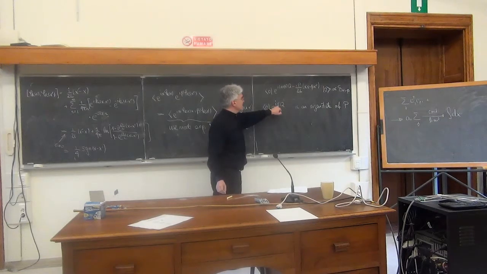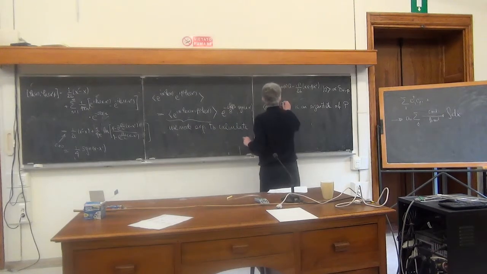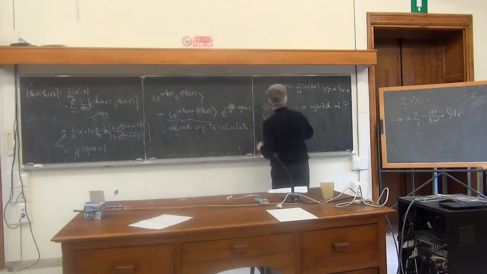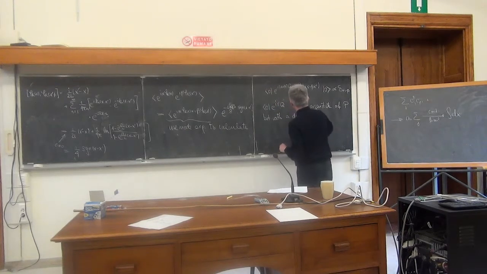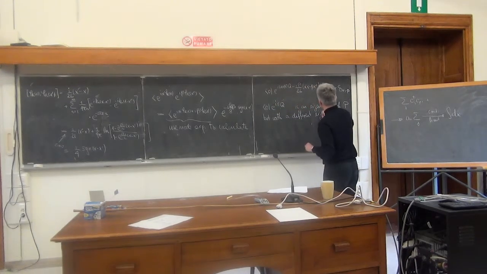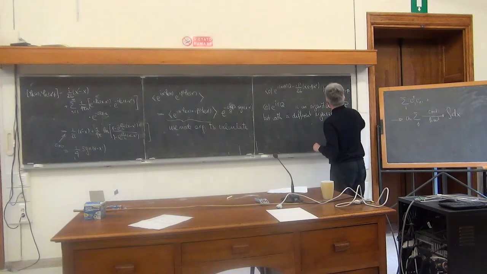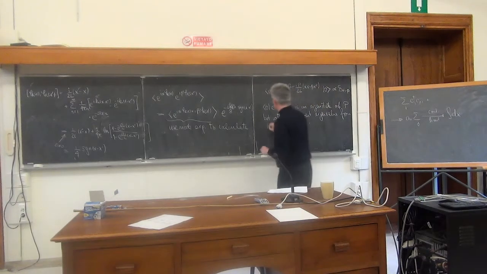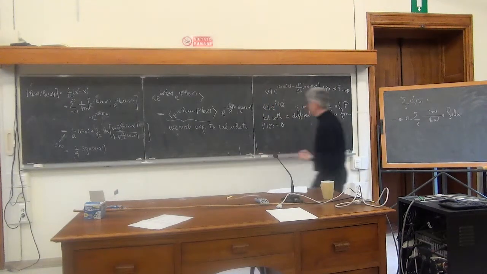So this would be e to the i gamma x. That would be an eigenstate of the momentum operator, but it would be an eigenstate which is orthogonal to the ground state, with a different eigenvalue. The vacuum is just an eigenstate with eigenvalue 0.